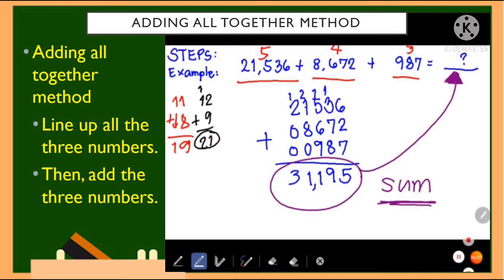So those are the two methods. The first one is adding separately method, and the second one is adding all together method. So you can use either one of those, so you can easily answer if you are adding 3 numbers or more. Alright?